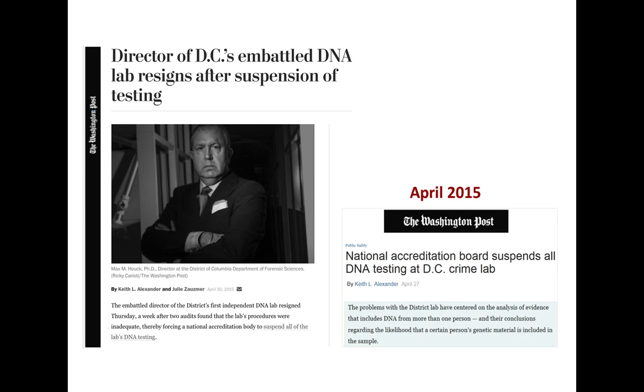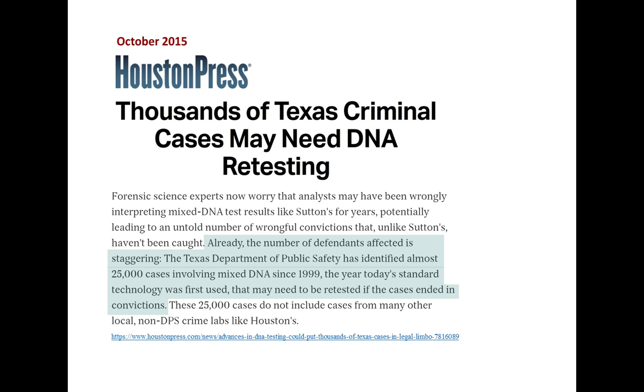Once this audit was done, the lab was basically shut down and all the casework was suspended, because what they found was that the problems with that lab had centered on the analysis of evidence that, again, includes DNA from more than one person, and the conclusions regarding the likelihood that a certain person's DNA is included in that DNA mixture or not. So again, we're further illuminating, as this process is moving along, that there are some issues with the way we were interpreting DNA mixtures.